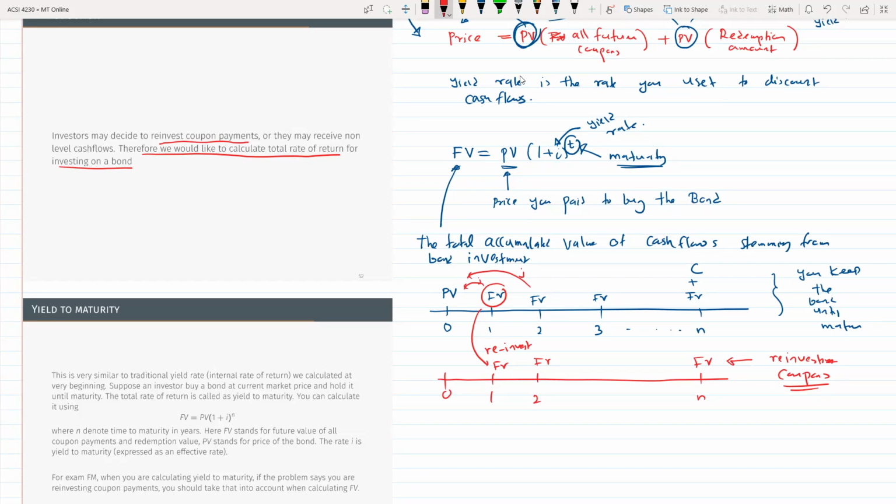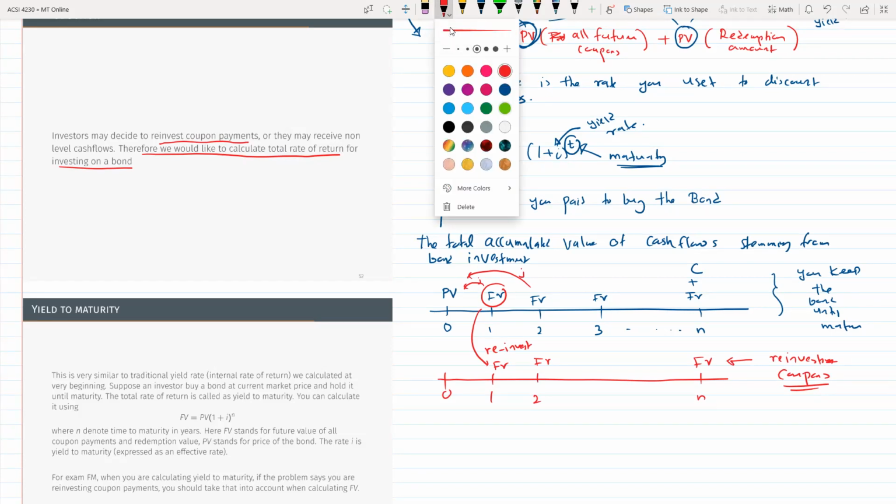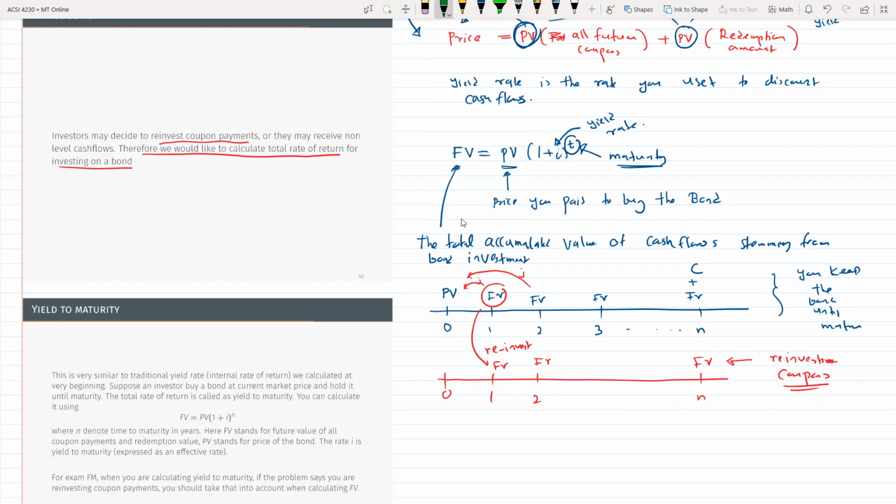The correct approach would be, let me draw the timeline. At 0, you have the present value, or the price you paid to buy the bond.